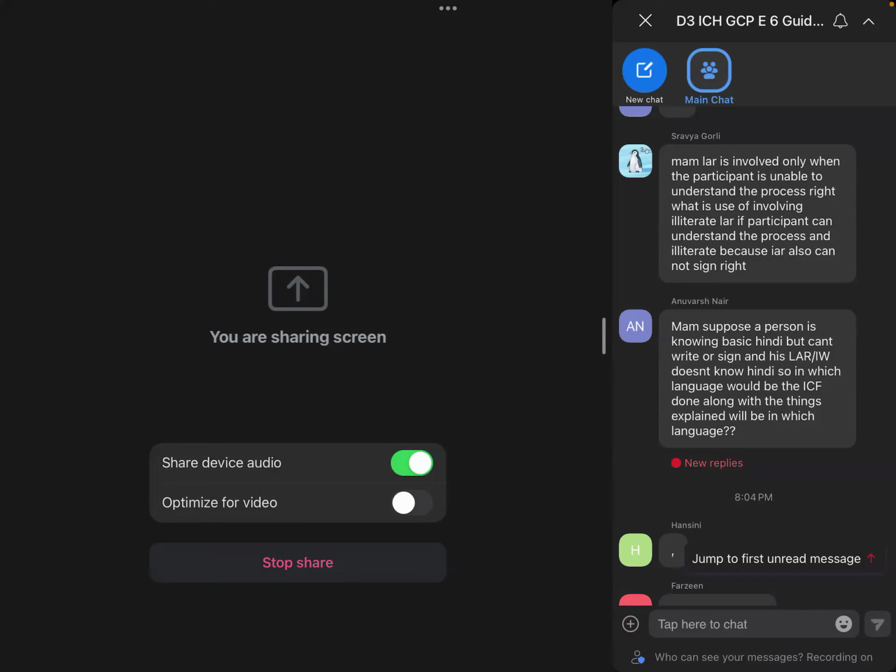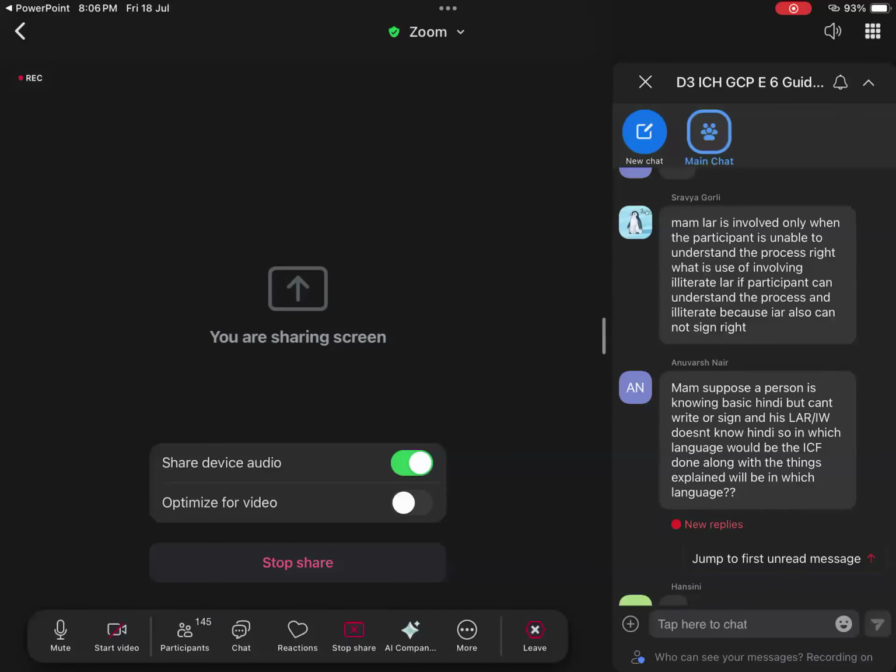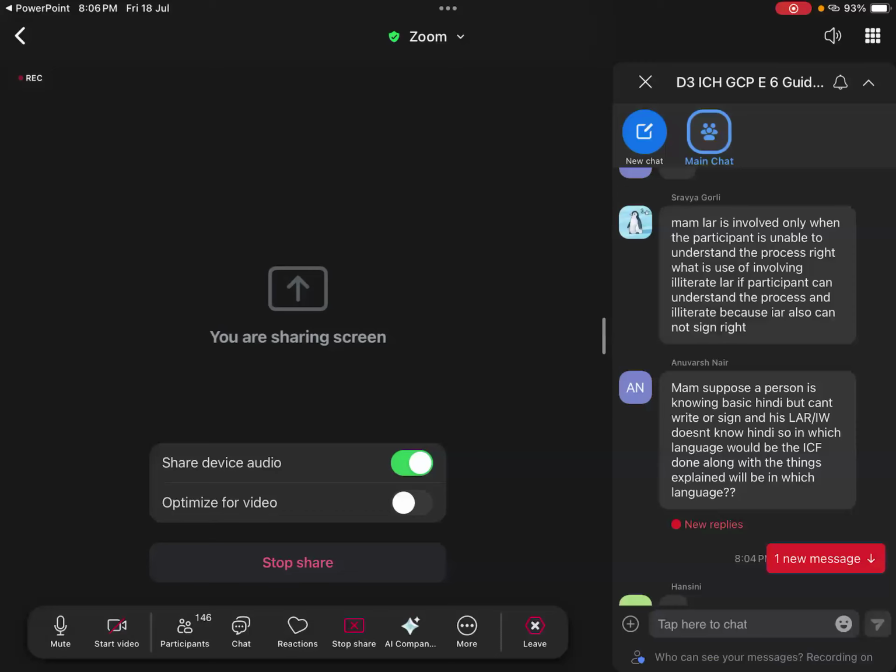What are those cases? One, I can be a minor. I'm less than 18. My mom and dad are my LAR. Another is maybe a wife. She's in hospital, an emergency. She can't decide for herself. She's not conscious. So the husband can be LAR.